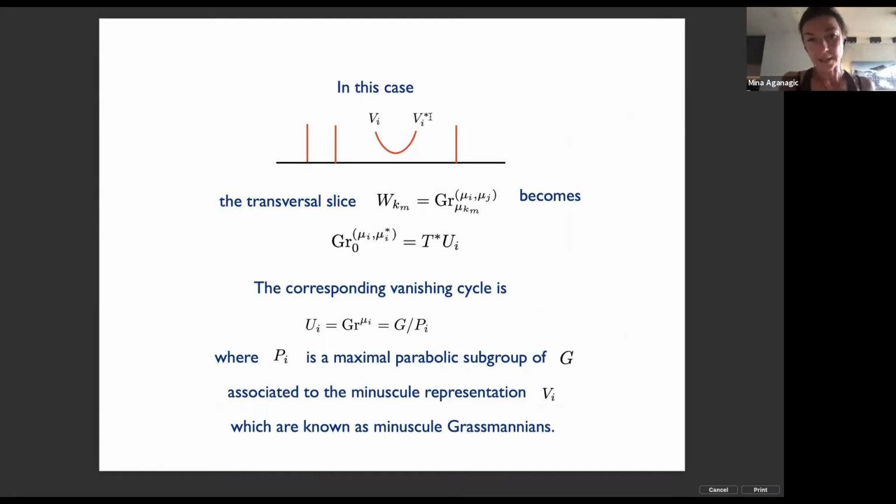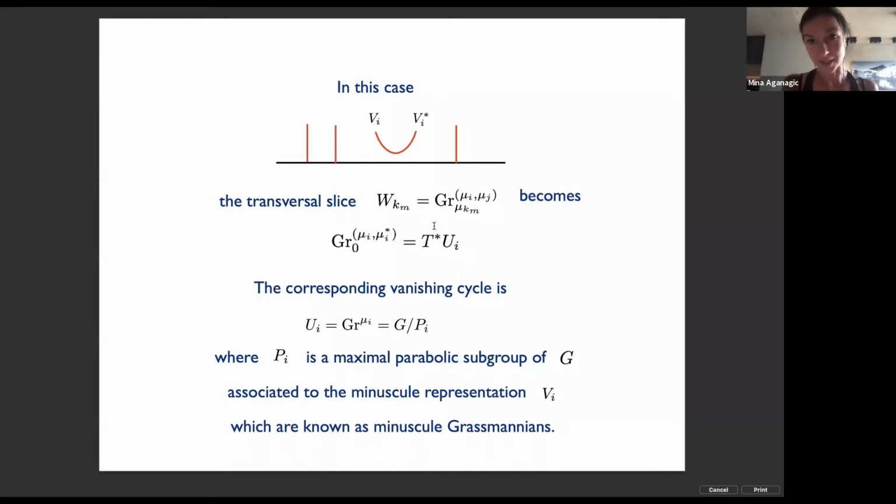So in this case, the relevant part of the geometry of X is a cotangent bundle to a minuscule Grassmannian.